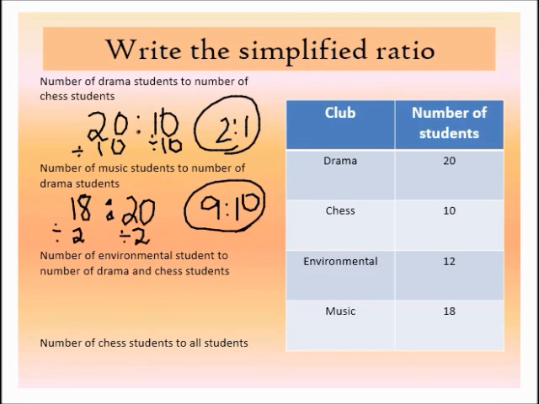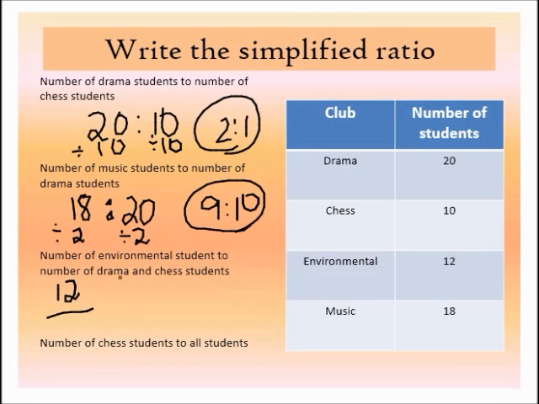Now I've been using the colon method to show these ratios, but you can also use a fractional form. Let's do the next one in a fractional form. The number of environmental students to the number of drama and chess students. So environmental goes on top, 12.